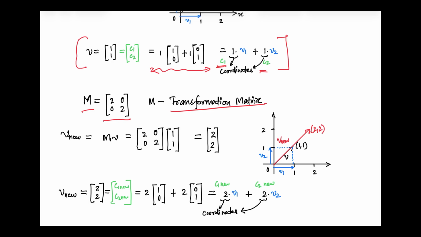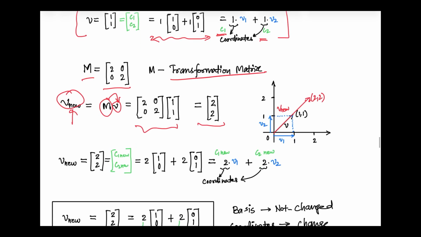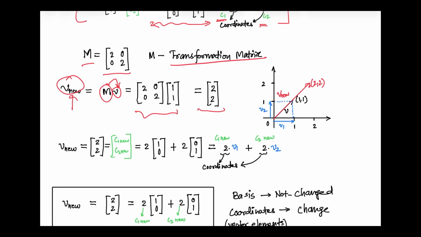Now, when the matrix M operates on the vector v that we have taken, 1 1, we get a new vector v new, and in this particular example v new is 2 2. Now we can write it in terms of coordinates and in terms of basis vectors.